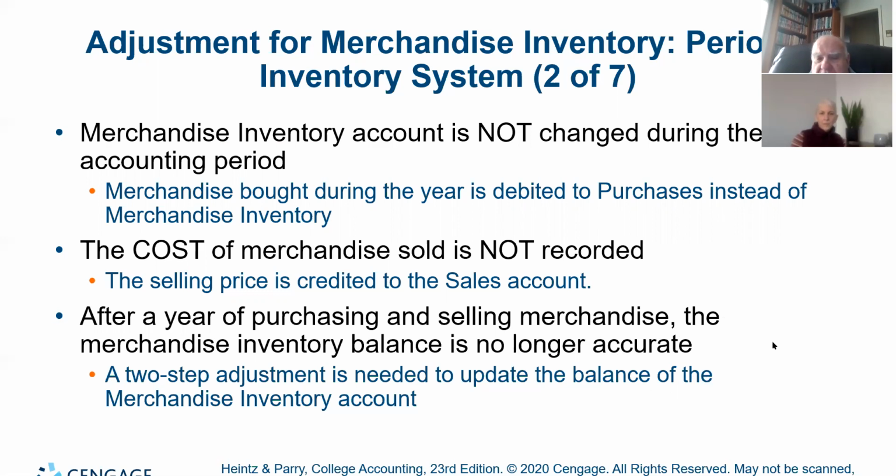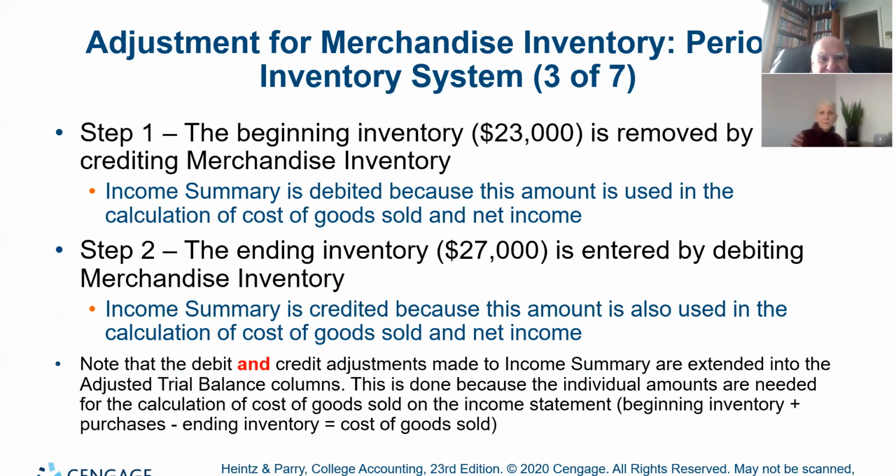Two steps. Out with the old, in with the new. So what are we talking about? Step 1: the beginning inventory is removed by crediting the merchandise inventory account. In other words, we're closing it, just like we did closing entries. So we had a debit balance of $25,000.